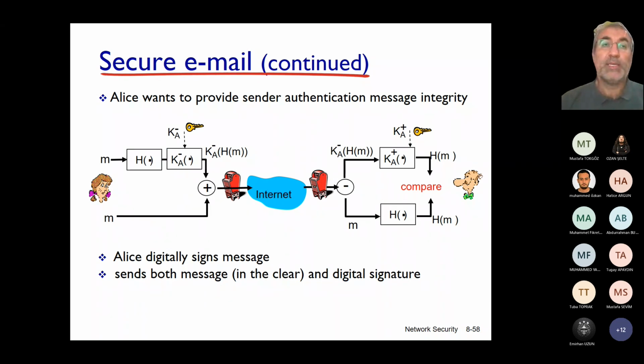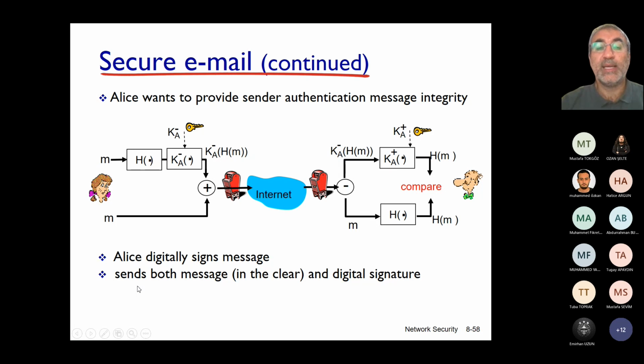Also, Alice may want to provide sender authentication and message integrity. In this case, Alice is going to digitally sign the message. Remember, this is my message plus a digital signature, made by applying the hash function and then Alice's private key. Then we obtain the message digest along with the message.